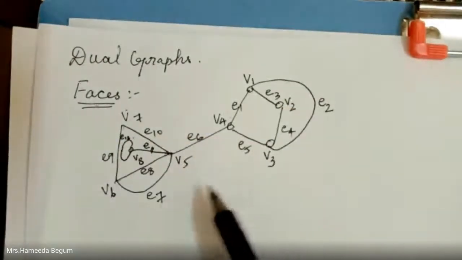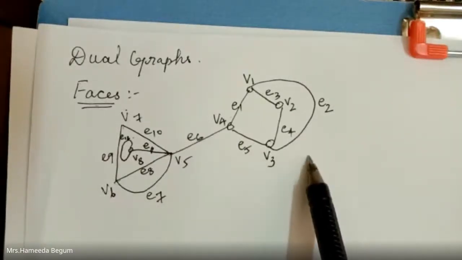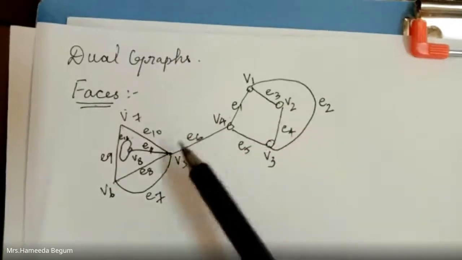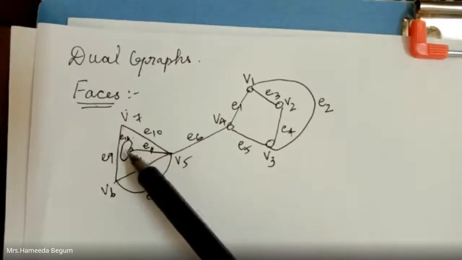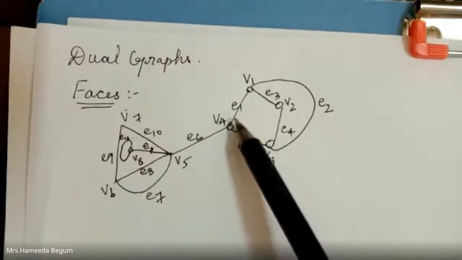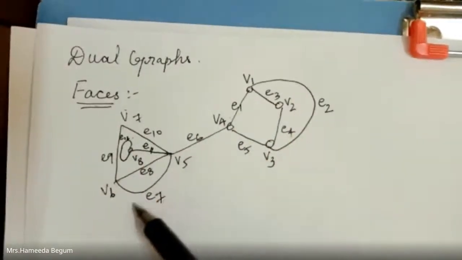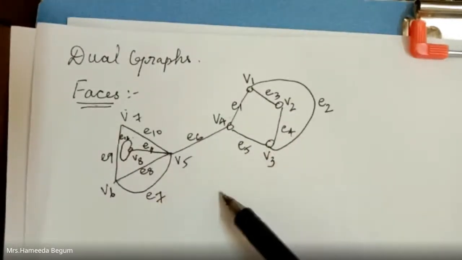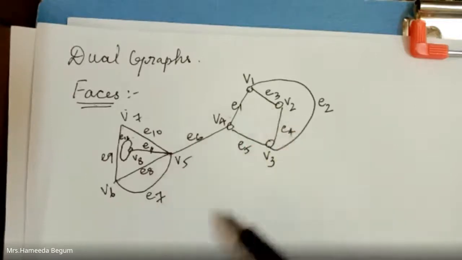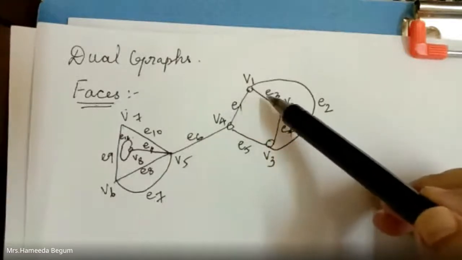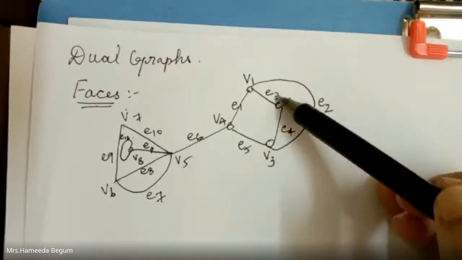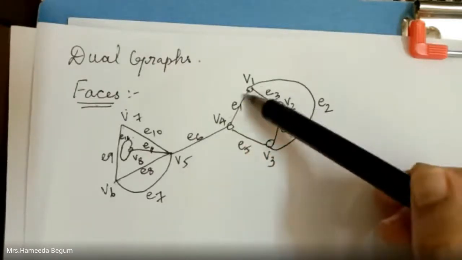Now this graph, if you see, is a planar graph. Every edge meets only at its end points, so no line is overlapping another line where there is no point of intersection. You could see that this is a planar graph. Now this plane graph G partitions the rest of the plane into a number of connected regions. For example, if I consider V1, V4, V3, V2, it becomes one separate partition.